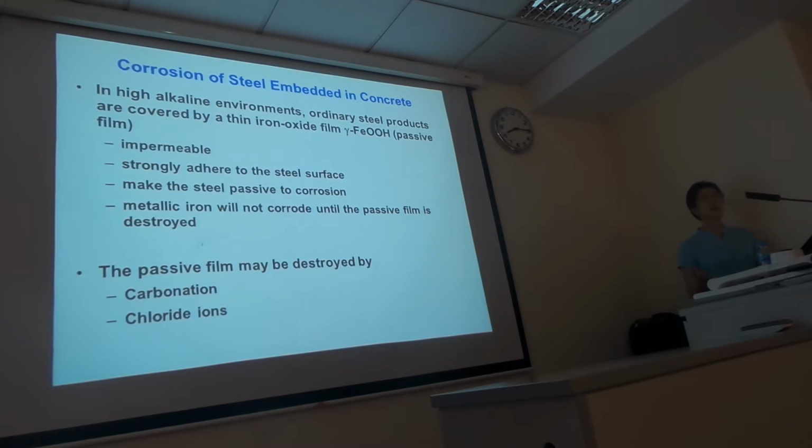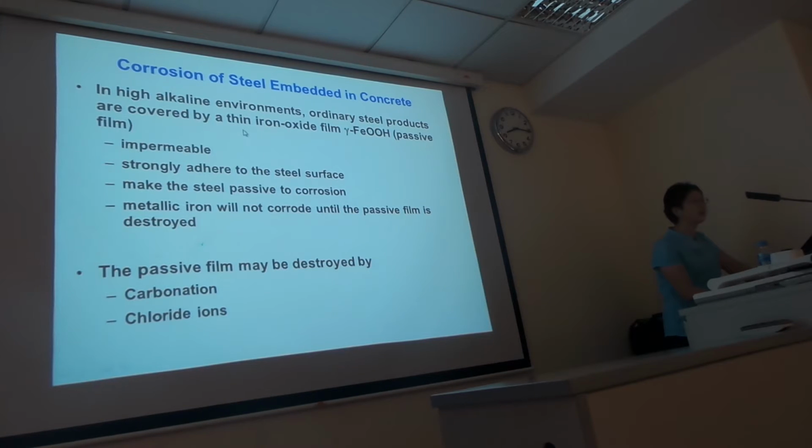The reason is related to the high pH value of the pore solution. In high alkaline environments, with high pH of pore solution, when you have steel bars embedded in concrete, in reinforced concrete structures, on the surface of the steel reinforcing bar there is a film called a passive film.